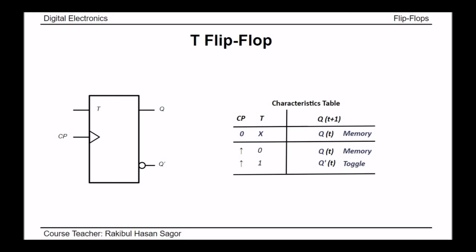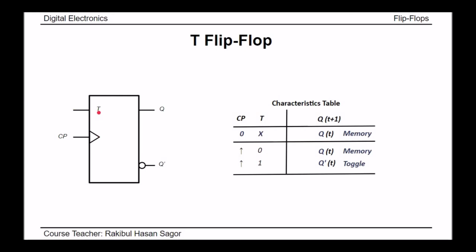Here we can see the characteristics table for T flip-flop. When clock pulse equal to 0, no matter what the value of T is, it will always hold the previous value, that means memory. But when clock pulse triggers, if T equal to 0, it will hold the previous memory. T equal to 0 means inside this box we have JK flip-flop.